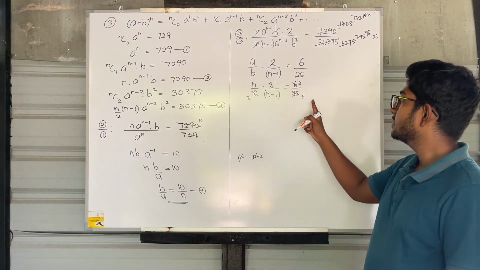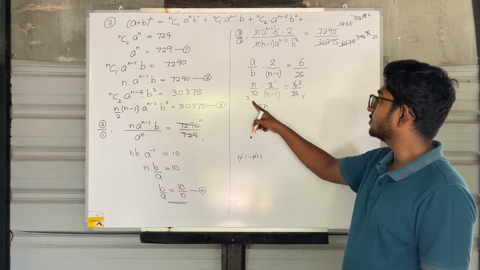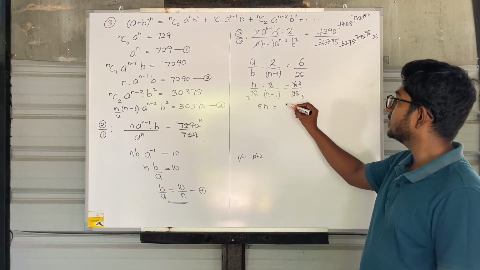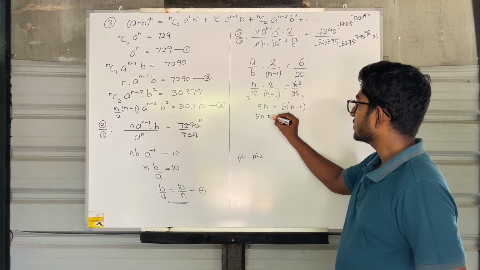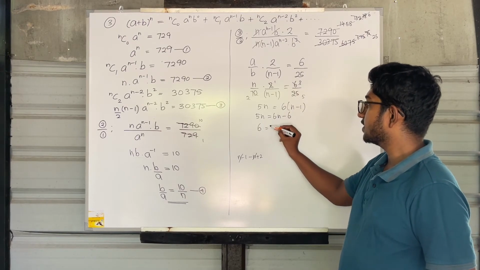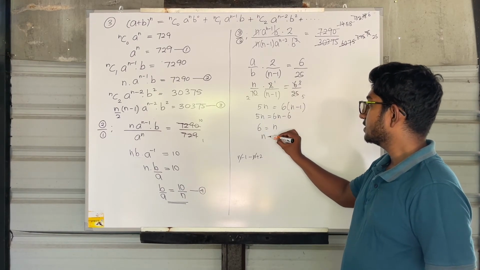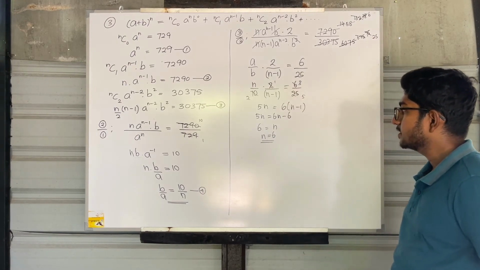Cross multiply. 5 times n is 5n. 2 times 3 is 6. 6 into n minus 1. Bring minus 6 to one side and 5n to the other side. n equals 6. This is the answer for n.